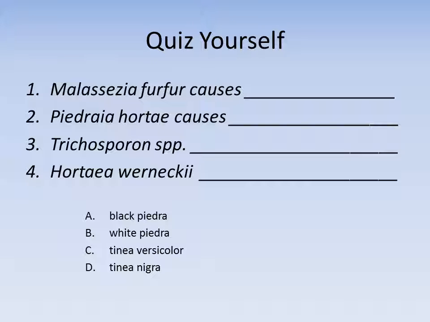Correct response to number 1 is C. Correct response to number 2 is A. Correct response to number 3 is B. And number 4 is D. So hopefully you got all those right.